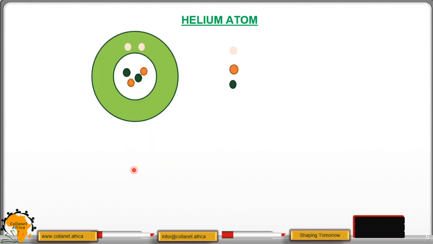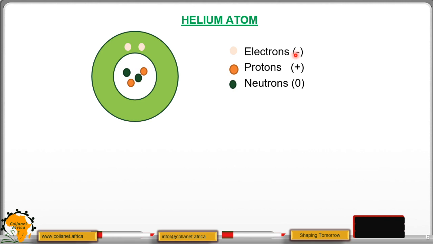We continue. For example, we have a helium atom. In the helium atom, we have the electrons, which are 2, and the energy level. Meaning also the protons will be 2, and then we have neutrons, which are 2.